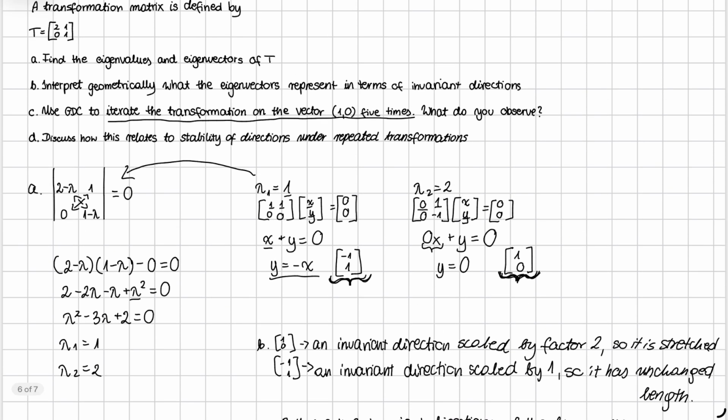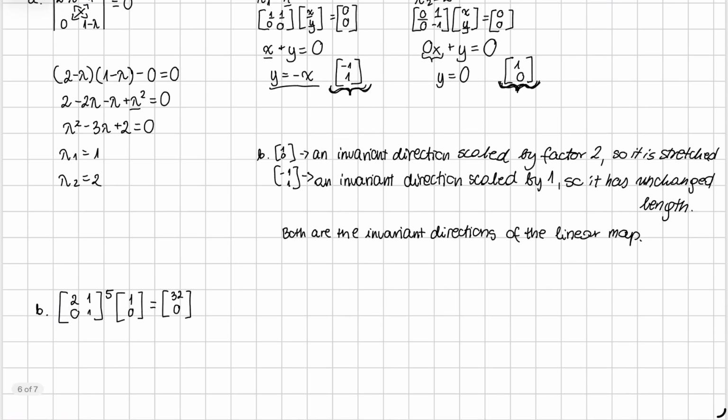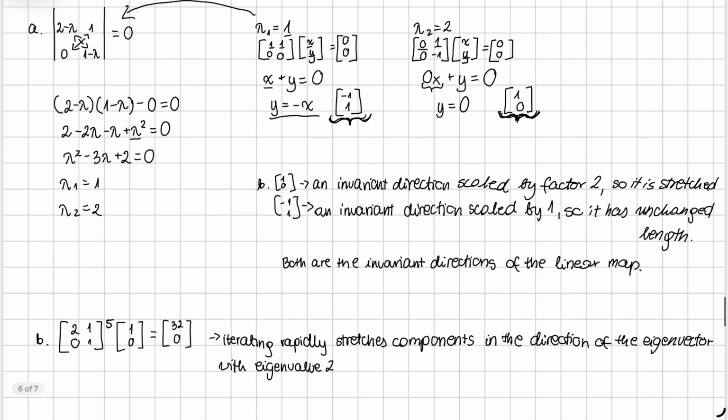So we also have to answer what do you observe. We can observe that this iteration rapidly stretches components in the direction of the eigenvector with eigenvalue 2. And D. Discuss how this relates to stability of directions under repeated transformations.